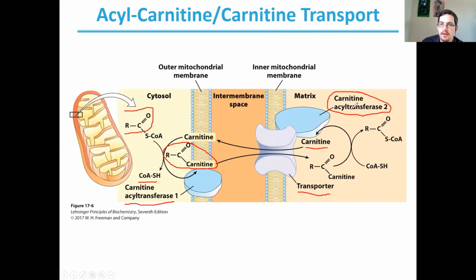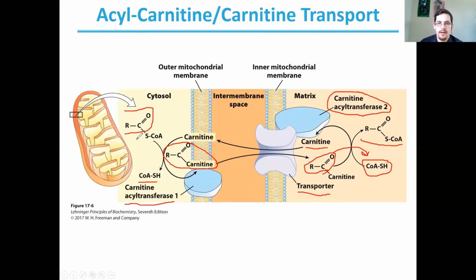So our second carnitine acetyltransferase is going to take our free coenzyme A and transfer our fatty acid onto that coenzyme A to again produce our fatty acyl-CoA. So overall, nothing is used or consumed in this pathway. We're just shuttling stuff back and forth, right?